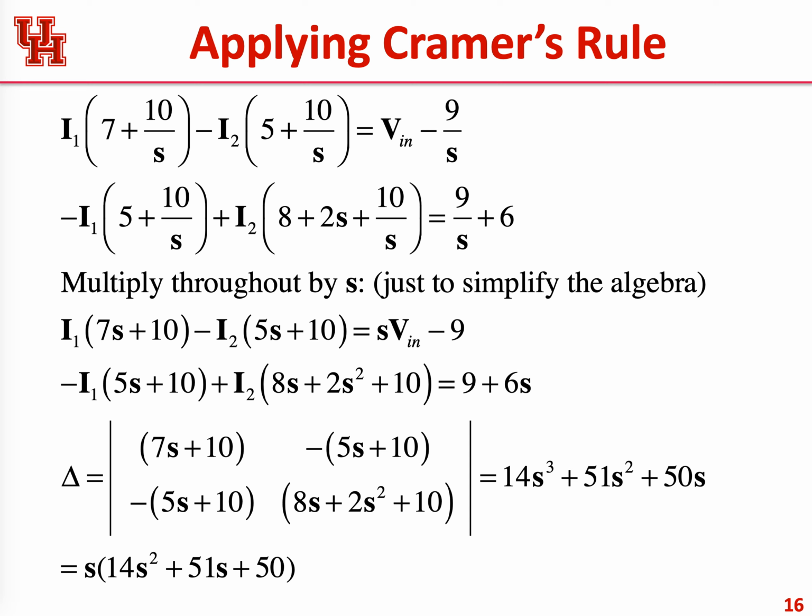So I can expand this out as 7s plus 10 times 2s squared plus 8s plus 10, this one here, minus the product of these two, minus 5s plus 10 squared, right?